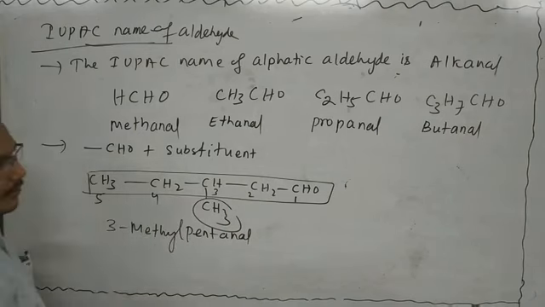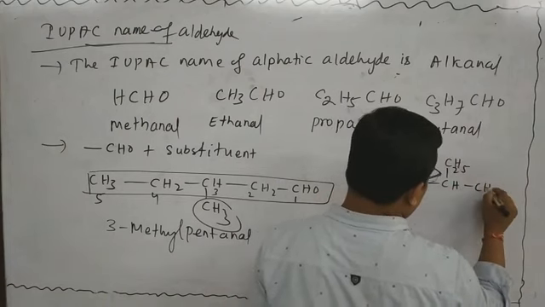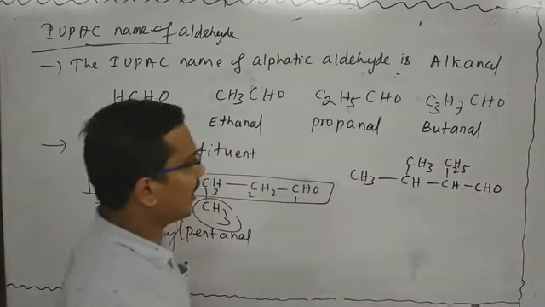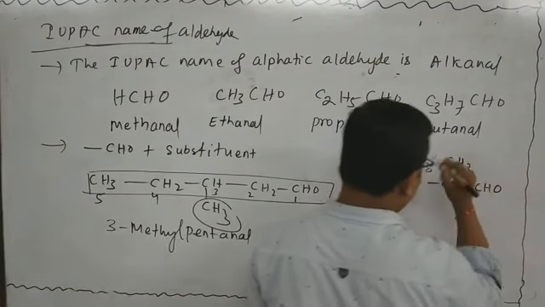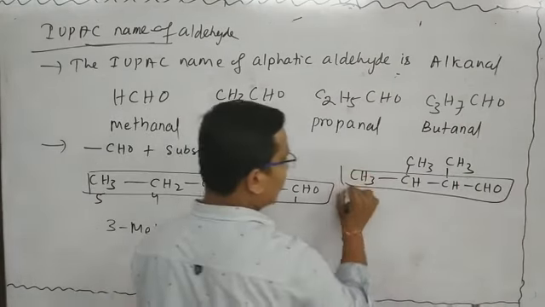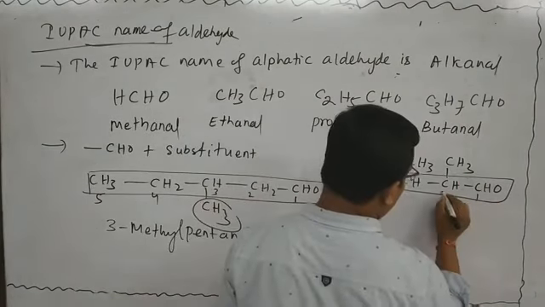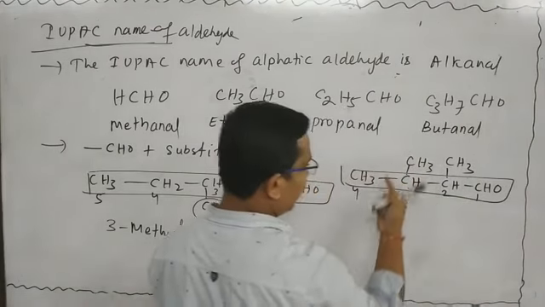Suppose we take another example, CH3, CH3 has C2H5, CH2. Then what will be the name of this compound? Suppose take CH3. This is your long chain, and numbering starts from 1, 2, 3, 4.